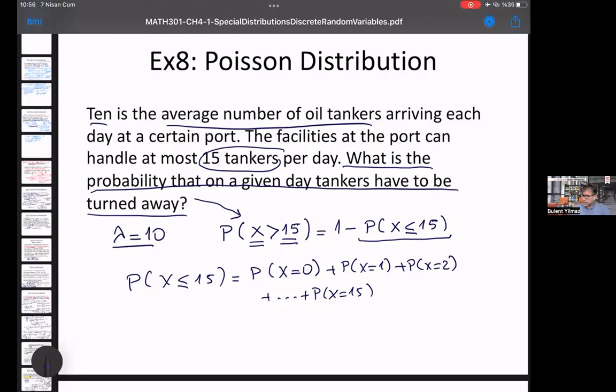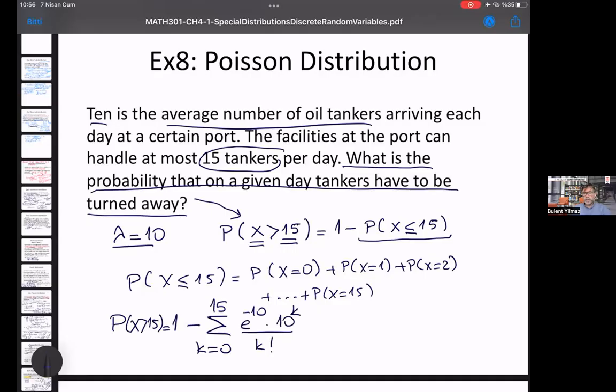They cannot be handled. So I can also say it's the sum over k from 0 to 15 of e to the power minus 10 times 10 to the power k divided by k factorial. 1 minus this will be the probability of obtaining tankers more than 15.